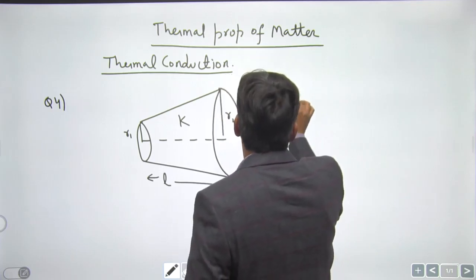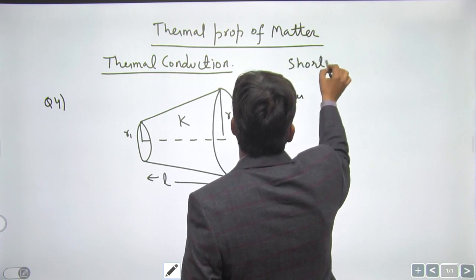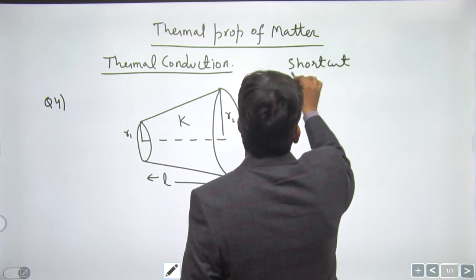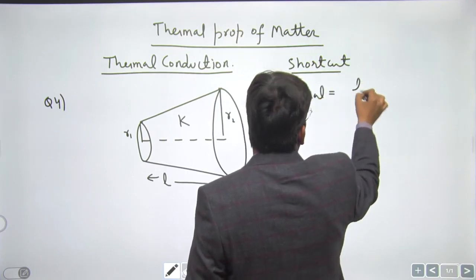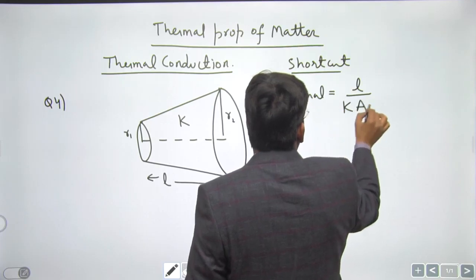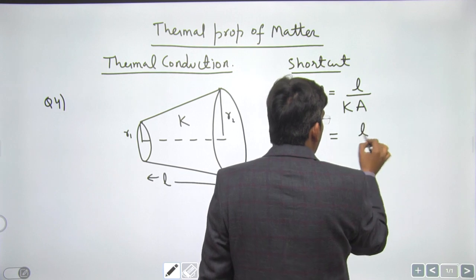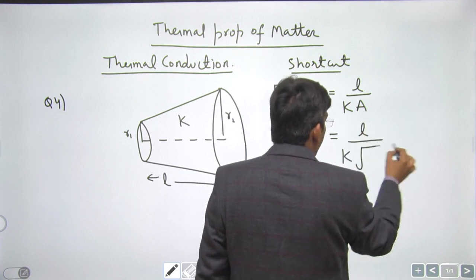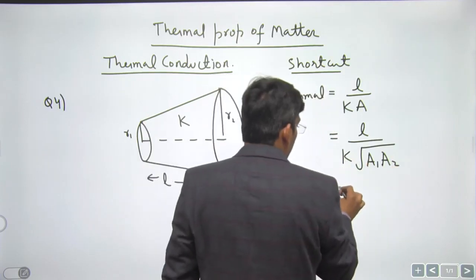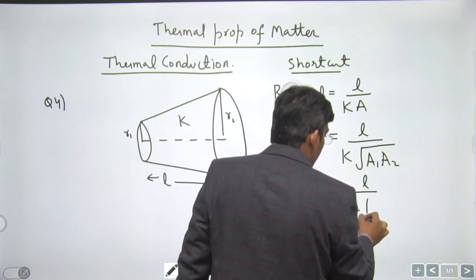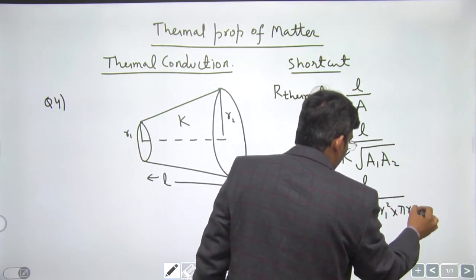Suppose you are asked to calculate the effective thermal resistance of this frustum. If it would have been a cylinder, dear students, I am going to tell you a super beautiful shortcut. If it would have been a cylinder, you would simply write L by K into area. Since it is not a cylinder, it is a frustum, we use the shortcut: instead of area, we write the geometric mean of the area of the two ends, pi R1 square into pi R2 square.